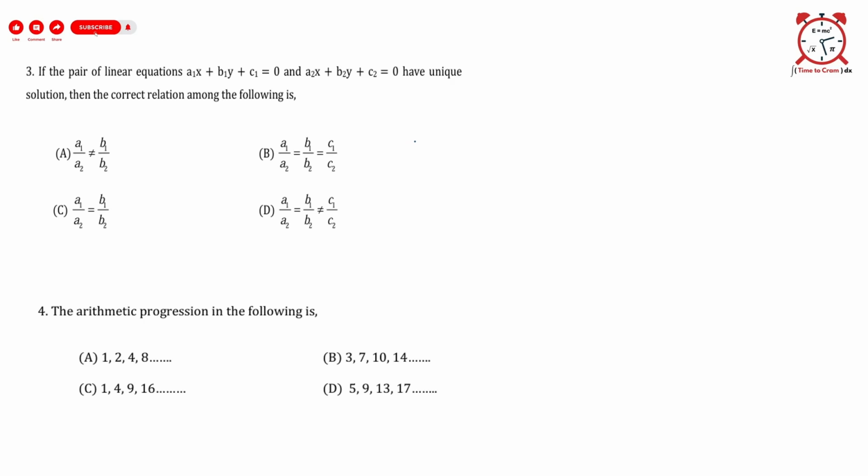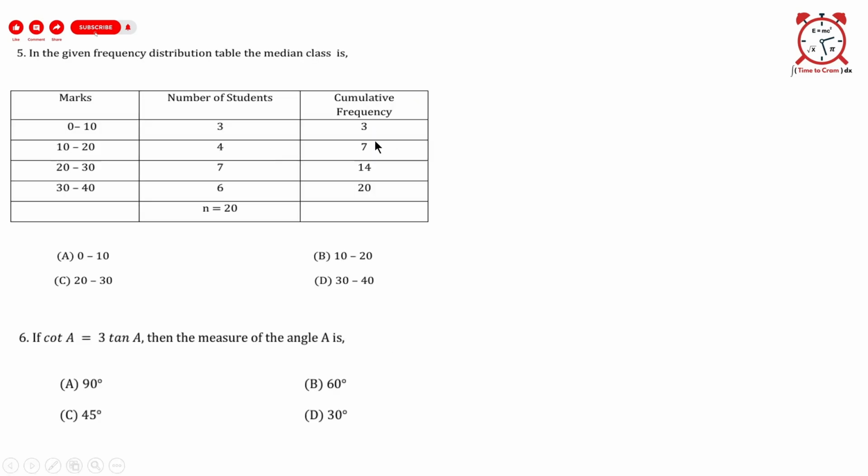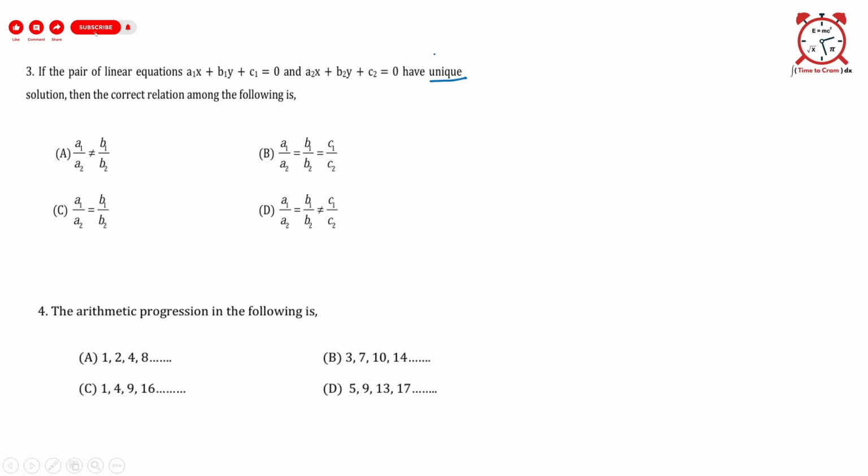Same way, b1 and b2 are the coefficients of variable y. If we take the ratios and compare them, and when the equal values are not coming, then at that time the solution is unique. So here unique solution is already given, so our answer is A.